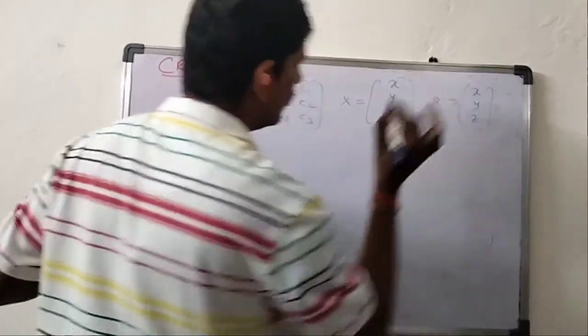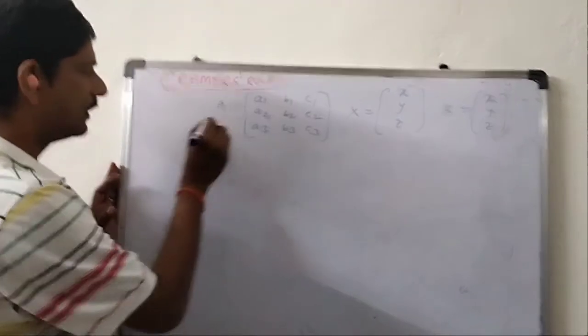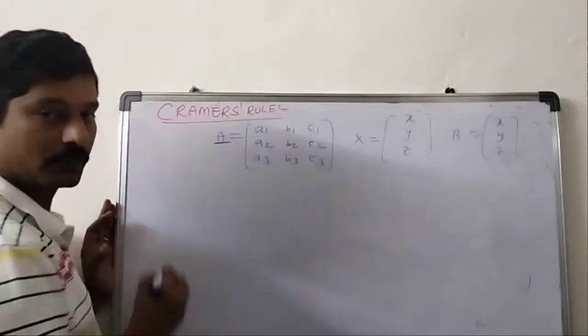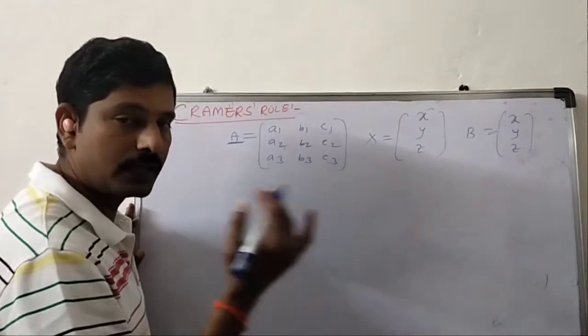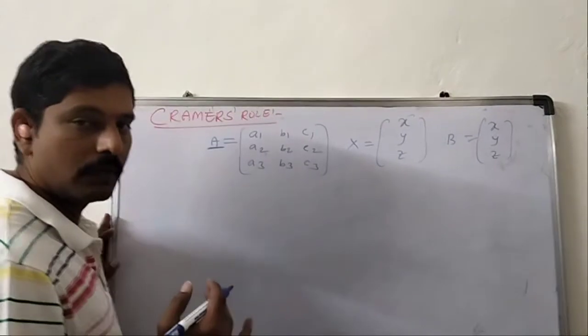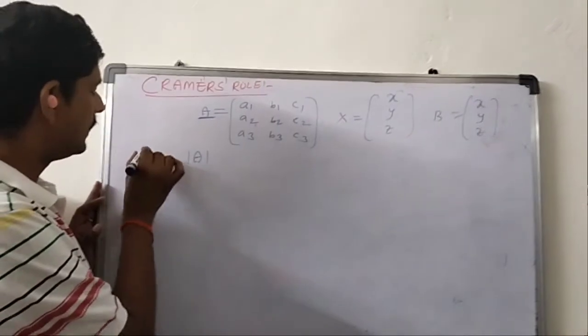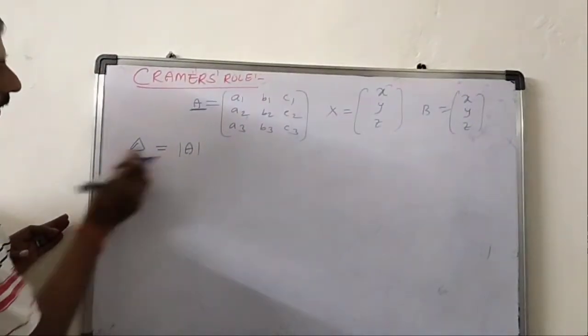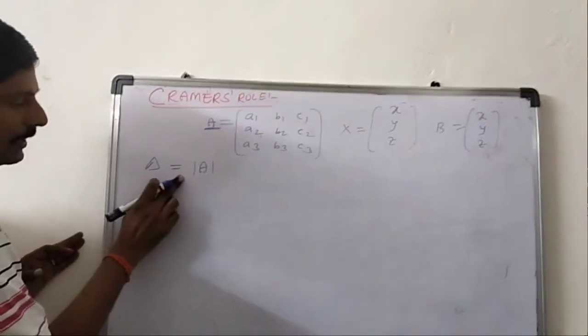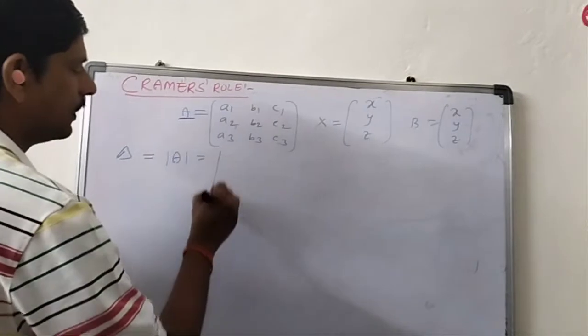Okay students, now in Cramer's rule, first you have to find the determinant of A. How to find the determinant, I will tell you. This determinant is denoted by the symbol delta. Delta is equal to determinant of A.